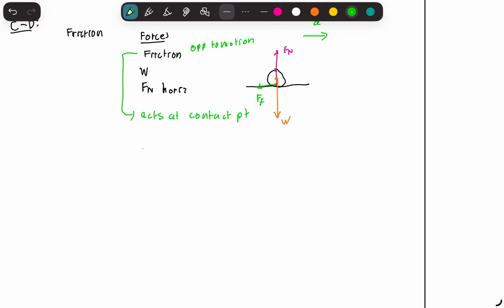We know that torque is equal to R times F times sine of the angle in between.